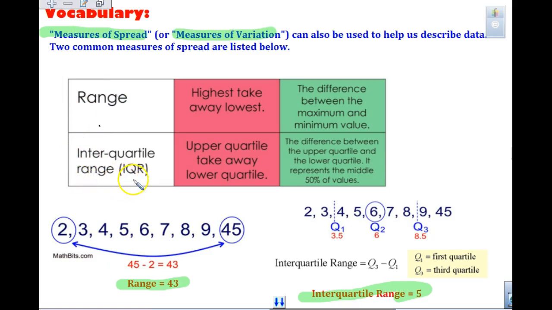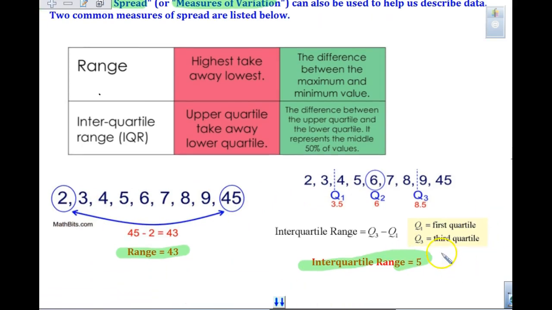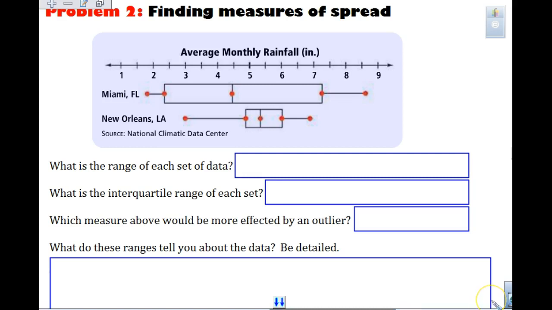That's called our interquartile range. So when we are looking from quartile 1 to quartile 3, that's called the interquartile range. When you find the range, you're taking the largest minus the smallest. Interquartile range just means you're taking quartile 3 and subtracting quartile 1. Okay? So a lot of vocab in that first one. Please make sure you go back and take a look at it.